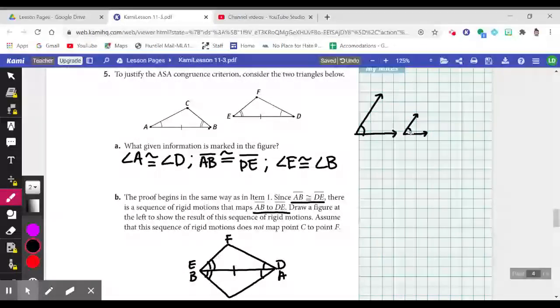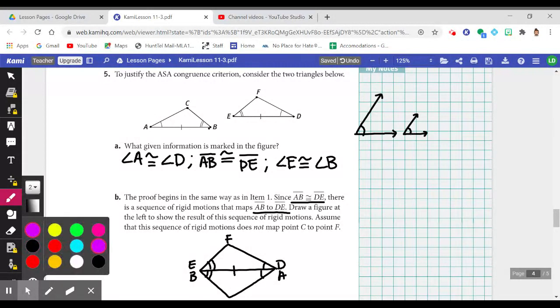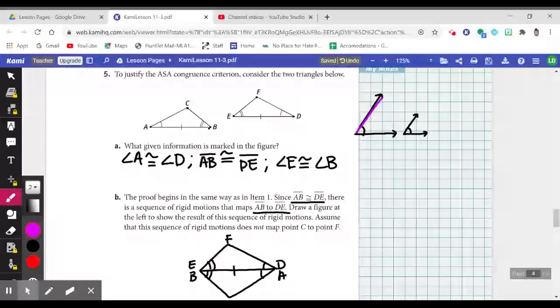So these 2 angles could actually be congruent even though the length of this ray is not the same length as that ray. Or the length of this ray is not the same length, but the 2 angles can still be congruent. So think about it.